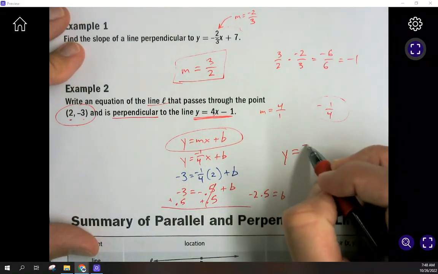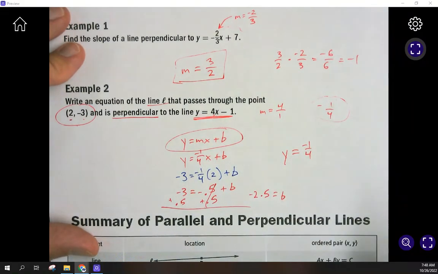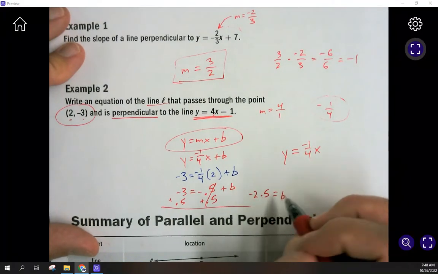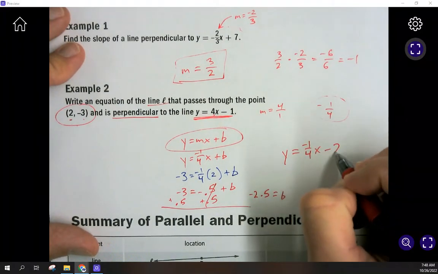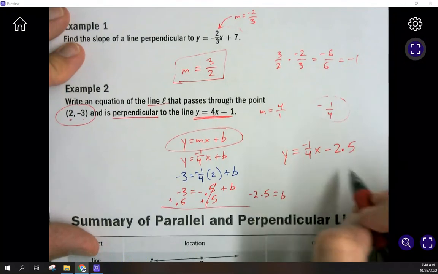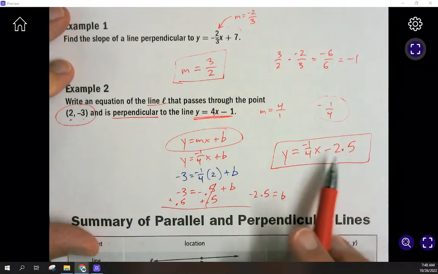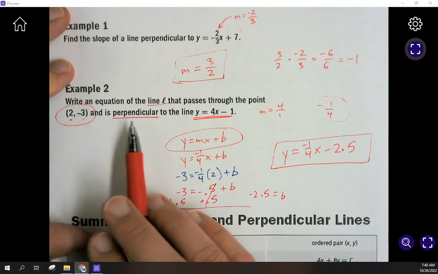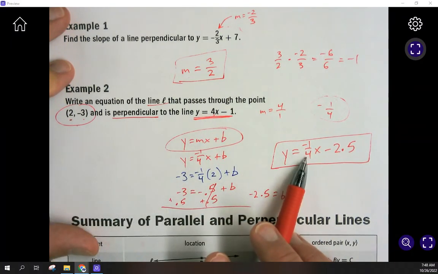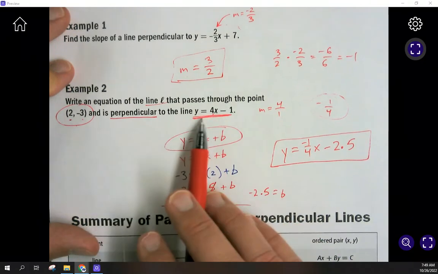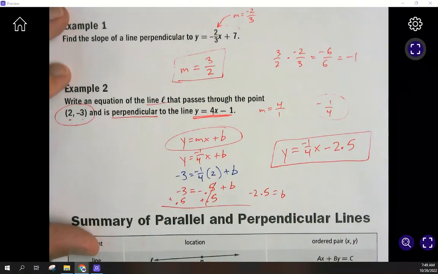The slope is -1/4. The intercept is -2.5, so minus 2.5. And you now have the equation of a line that passes through this point and is perpendicular, has that opposite reciprocal slope to the line y equals 4x minus 1.